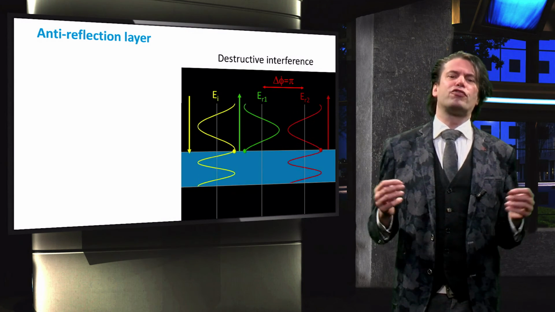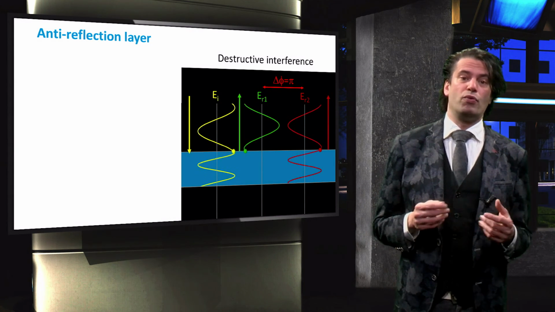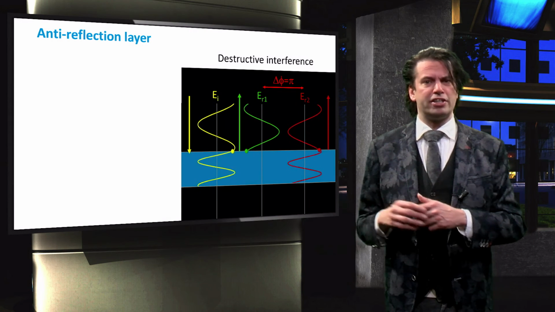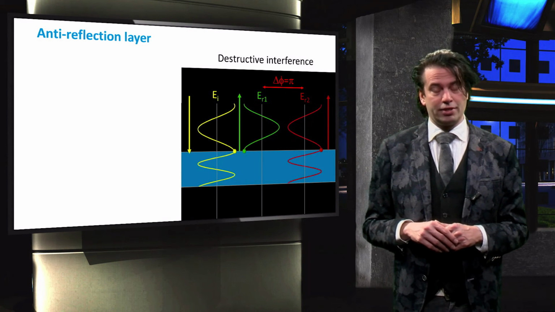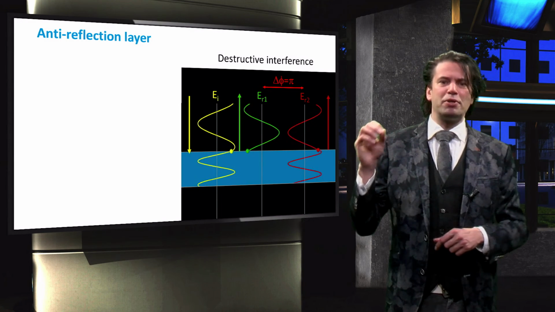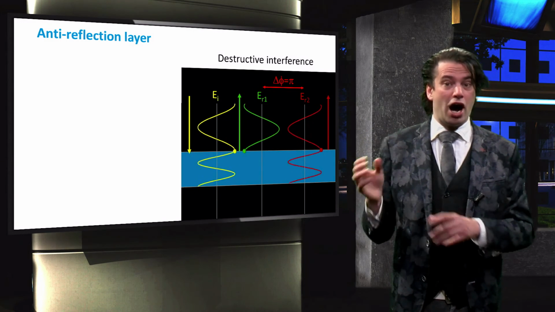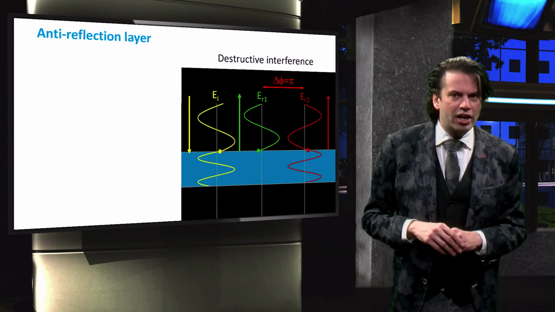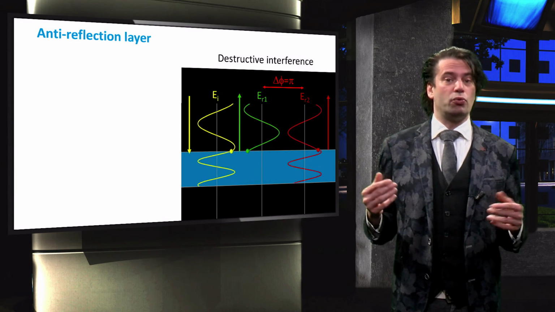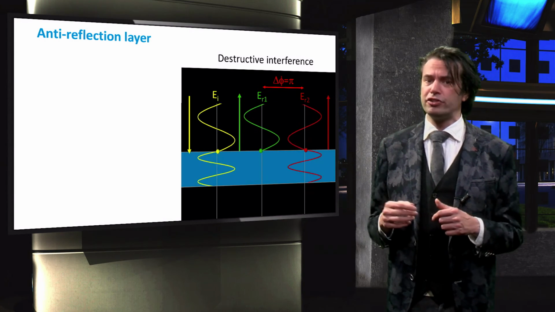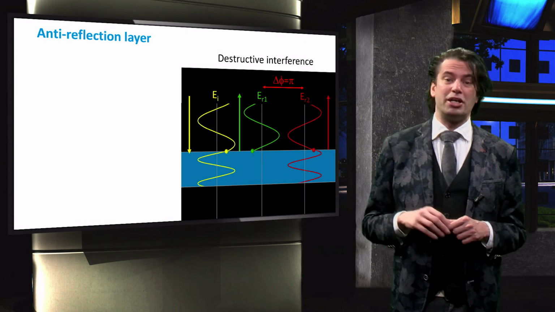The wave reflected from the first interface and the wave reflected from the second interface are in antiphase. As a result, the total amplitude of the electric field of the outgoing wave is smaller, and therefore the total intensity, which is equal to the square of the electric field strength, coupled out of the system is smaller as well.